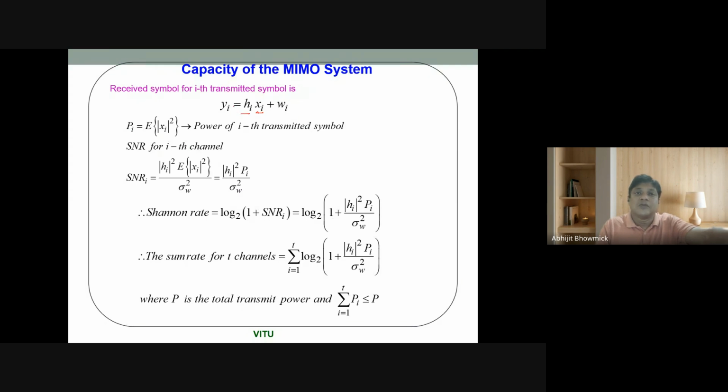So the received information would be Xi Hi plus noise, where Pi is the power, that is the expectation of mod Xi square. The ith user SNR is this one, which I already mentioned a number of times. What is the ith user capacity or rate? That is log of 1 plus SNR. So now my target is to allocate power keeping this condition in mind.